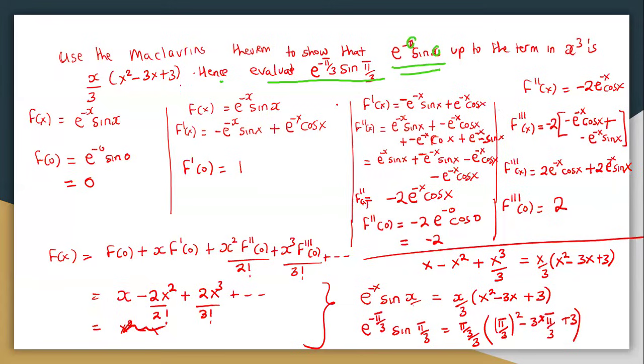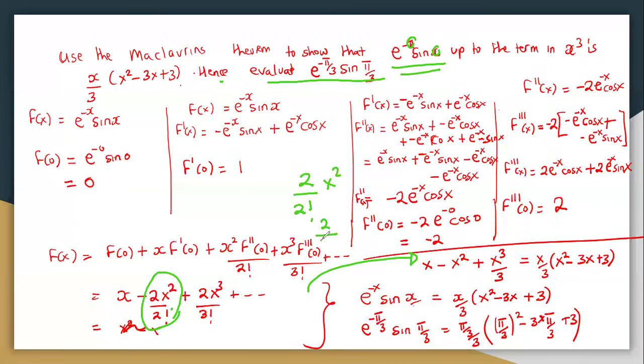I have not understood how the signs changed to have x squared. When you have 2 over 2 factorial, x squared, what do you get?